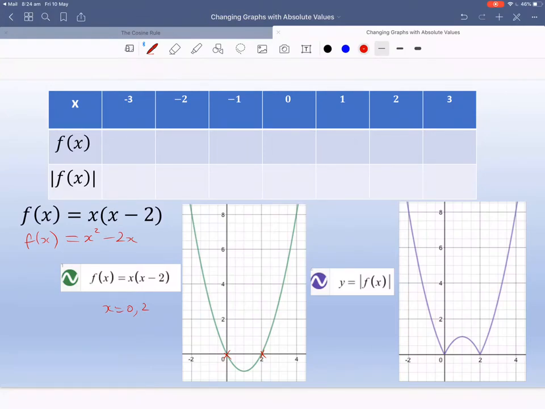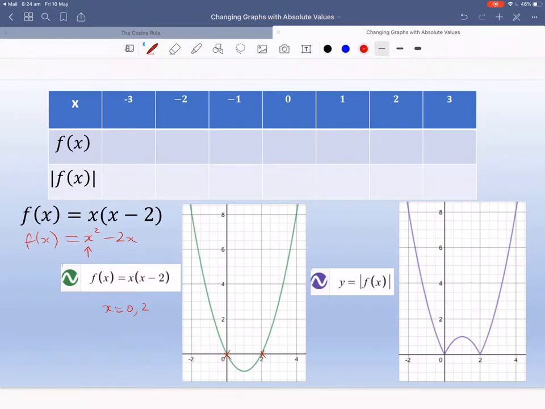So when x is -3, we sub in -3 into here, we get 9 minus 2 times, and because of the double negative here, it's going to be plus 6.